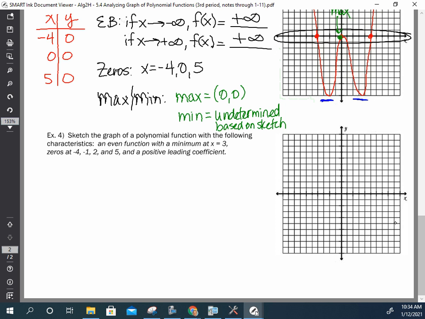A sketch is not the same thing as an exact rendering. If they wanted an exact rendering, they would have given you a function. So in this case, we're giving you a sketch that includes all of these characteristics. So here's the true test of, do you know what these things mean? We're going to go through each of them and then produce the sketch of the graph.